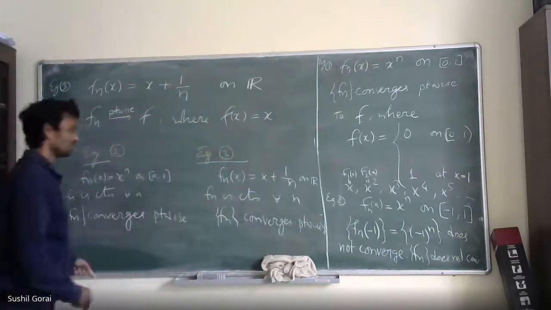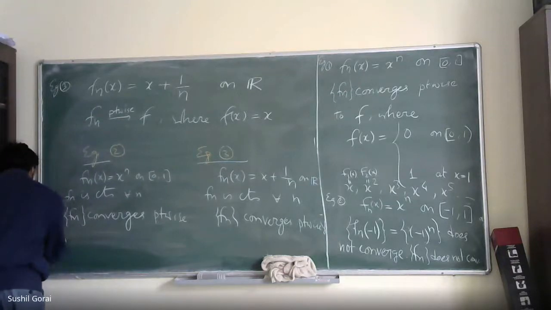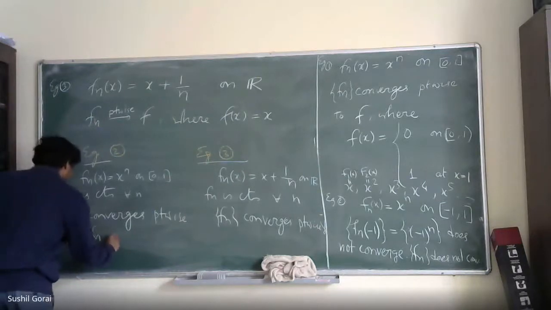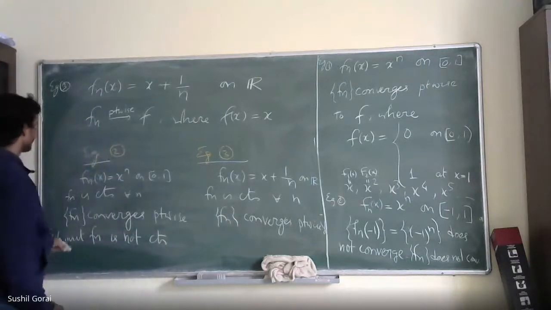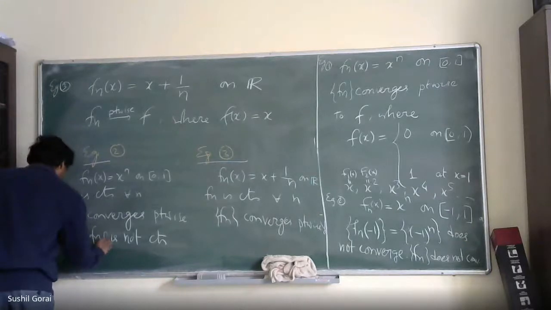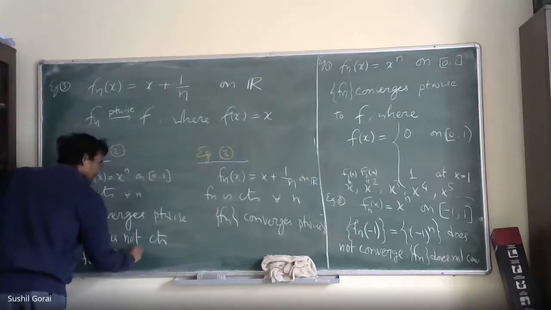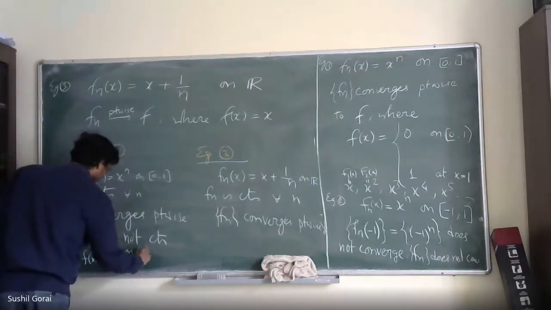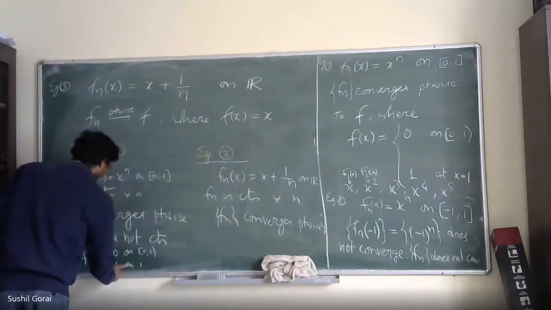All right. Now, what is the limit? Here, the limit function is not continuous, right? The limit function f(x) is, as I wrote on that side, 0 on [0, 1) and 1 at x equal to 1.